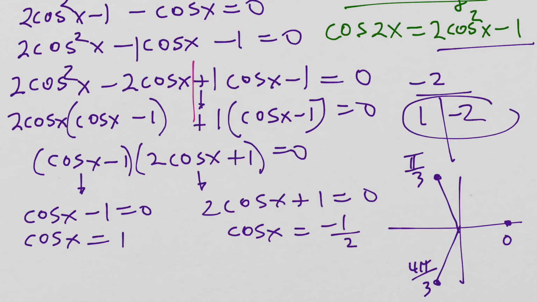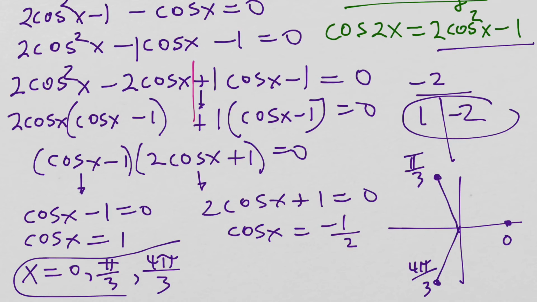So my solutions are x is equal to 0 radians, pi over 3 radians, and 4 pi over 3 radians within the interval 0 to 2 pi, which is 1 revolution around the circle.